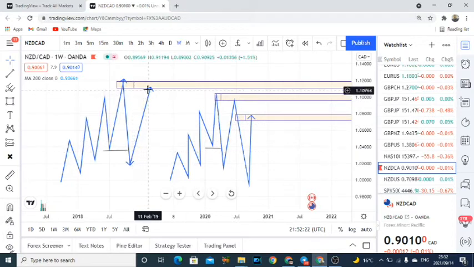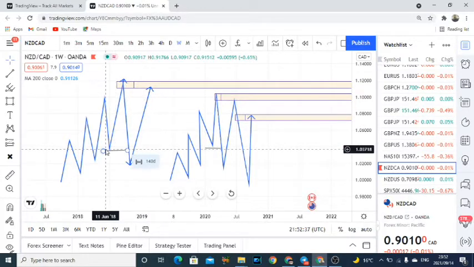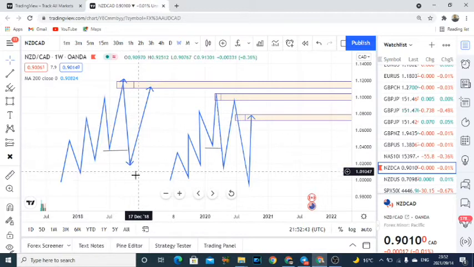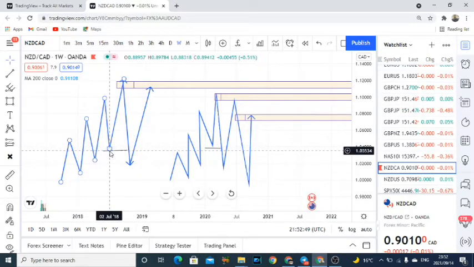That's why I'm saying that selling this market on this order block is a low probability trade. When the market breaks this higher low, we cannot confirm that the market has changed or will change the direction to bearish, because this might be a liquidity grab.